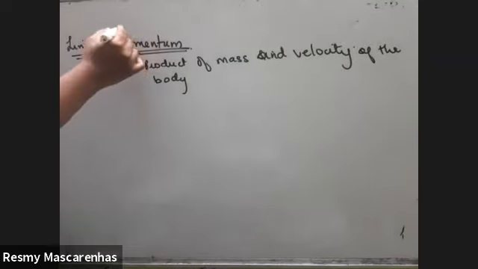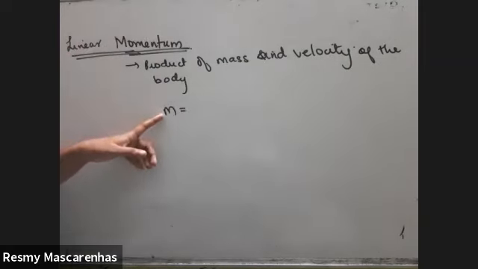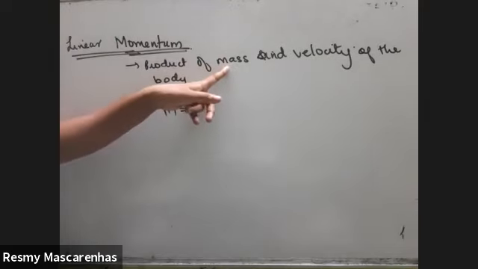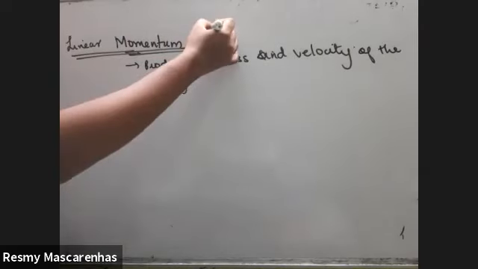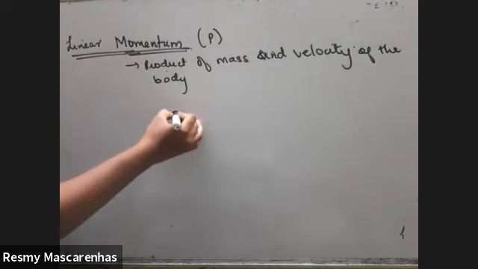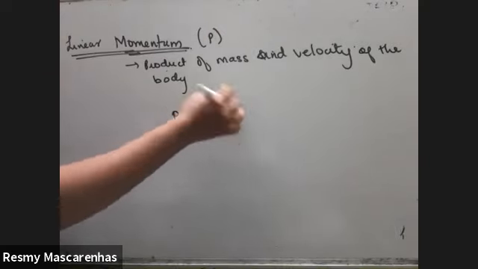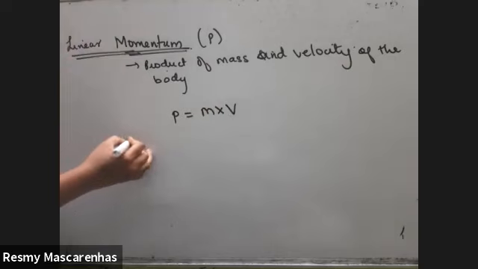Now, since the word momentum is there, we cannot use m for momentum. Why? Because in physics m is already denoted for mass, so we cannot use m and get confused. So the letter for momentum is P. As per that logic, momentum is nothing but the product of mass into velocity. Definitely momentum is dependent on the velocity, so it's a vector quantity.